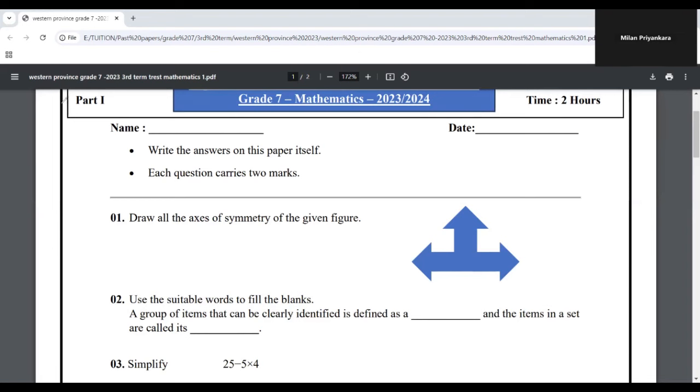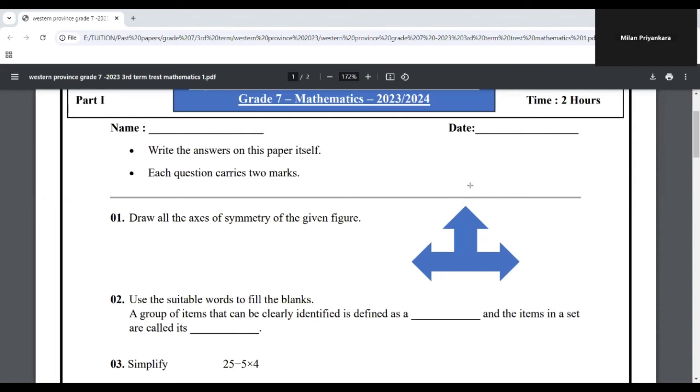When writing an exam, you need to know the art of writing these exams. But anyway, I will start from the first question because I'm going to explain it from the beginning.